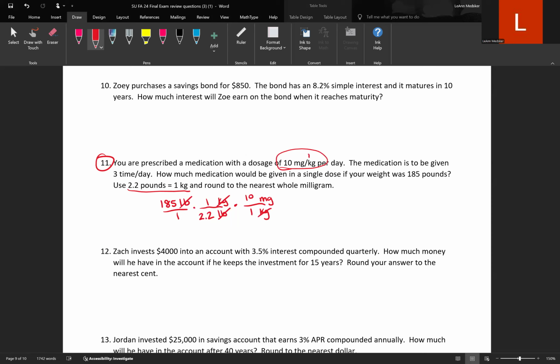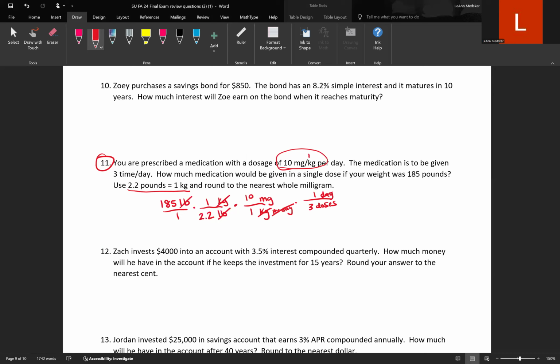And that's per day. So I'm going to write a little note there because then I want to break that up. This is how much medicine they would take for an entire day. We want to break that up into 3 doses. So for one day, they're going to have 3 doses. Okay. So that would cancel out the days.